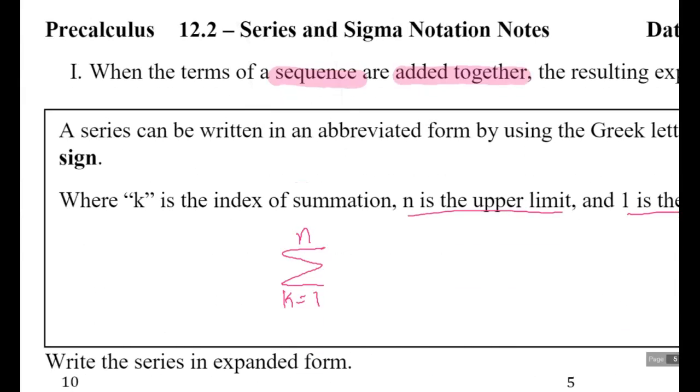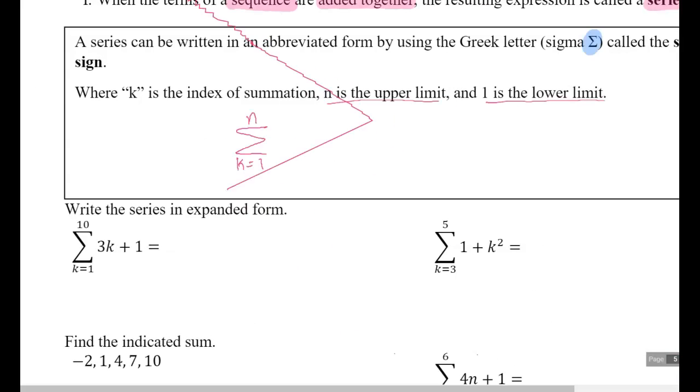So we're just going to write a sub n in this case. And what this means is we're taking the first term of the sequence, adding it to the second term, adding it to the third term. And we keep adding till we get to the last term of the sequence, whatever that may be.